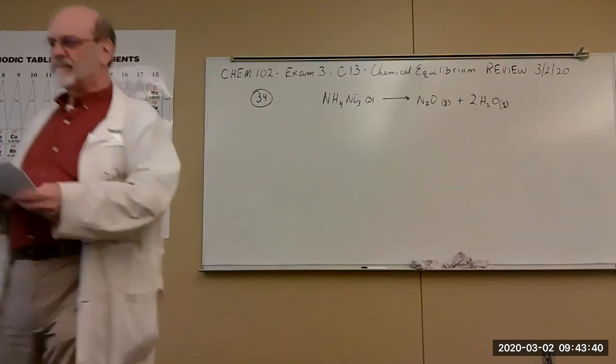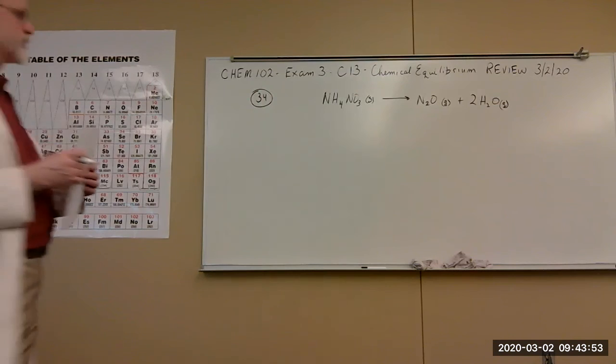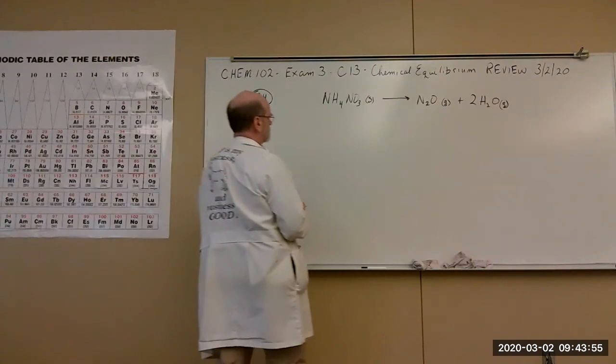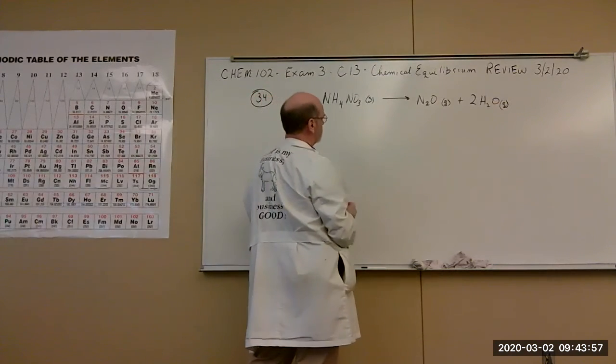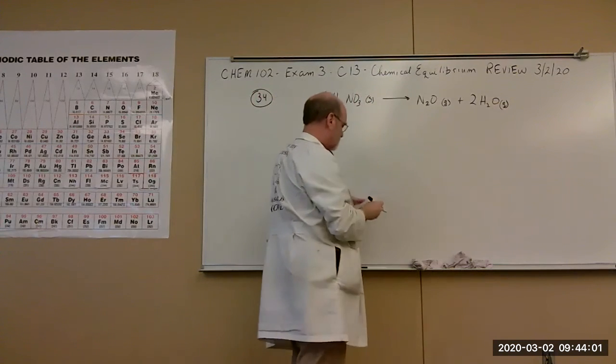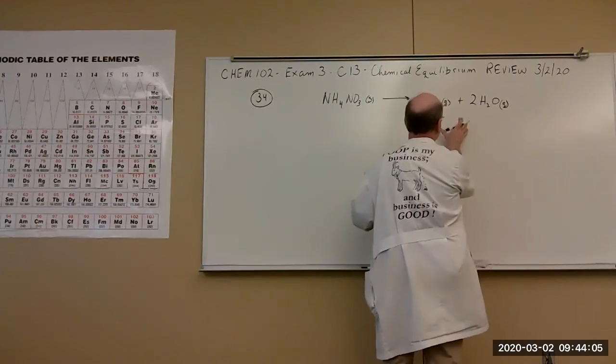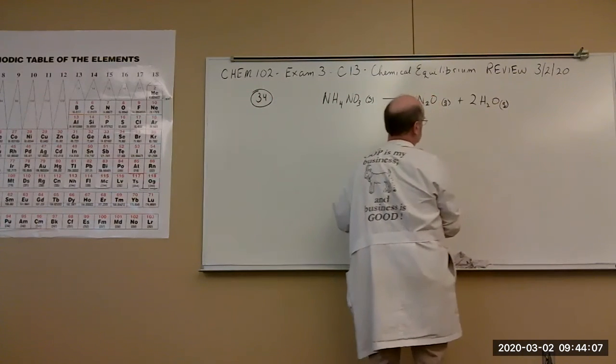All right. So I think we need a... Well, maybe we don't need. If you assume total decomposition from that to that, which is probably true, then this total pressure, 2.63 atmospheres, is these two guys.